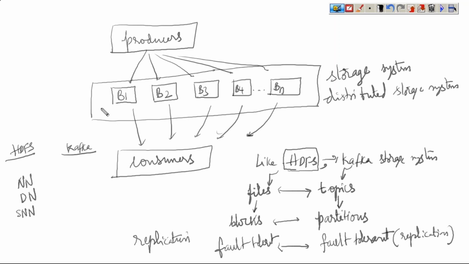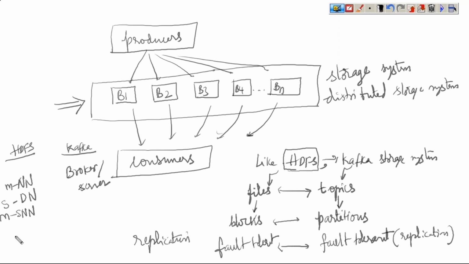In Kafka, for data storage, only one process will run, that is called either broker or server. Okay, name node and secondary name node, these two are master processes, and data node is a slave process.